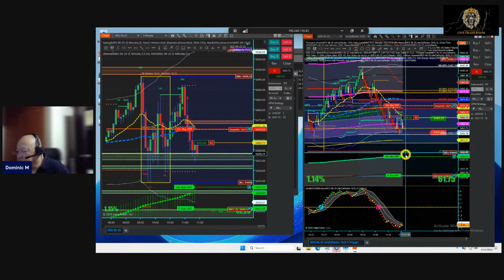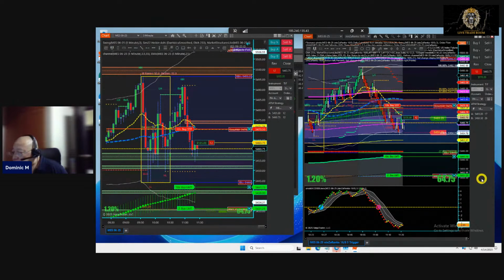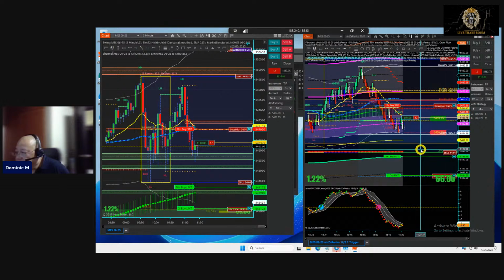Usually what happens is it hits the first target, comes back up and tries to retrace. See, it's bouncing off the 21 EMA here.